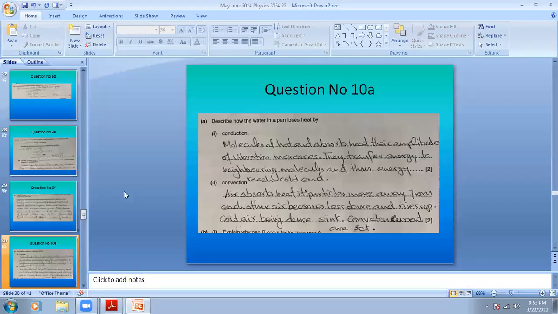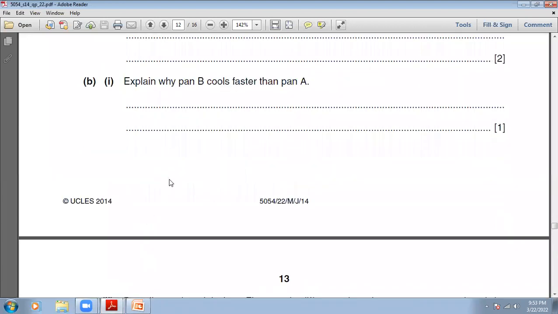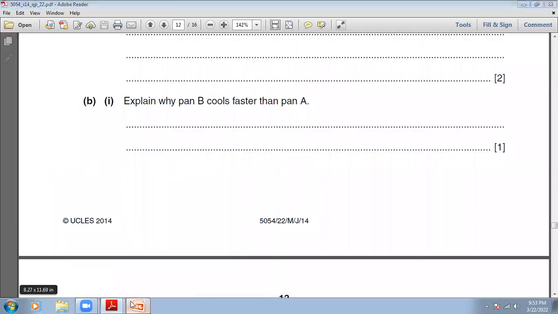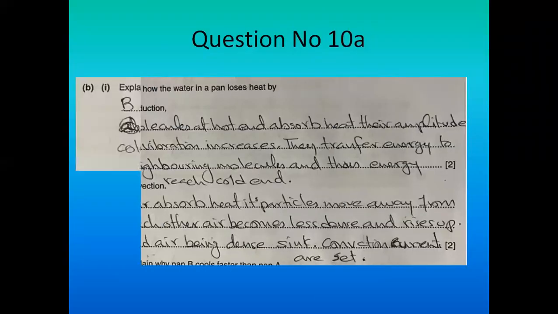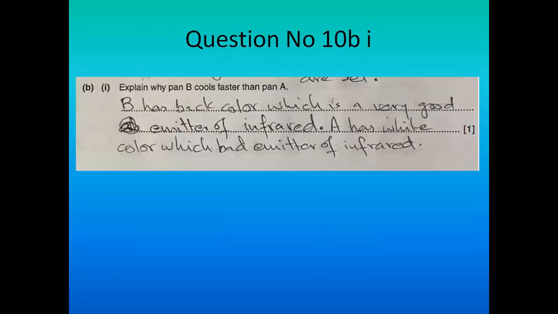So hopefully you understand. Okay, so he says explain why pan B cools faster than pan A. The basic reason is that there is a difference in their color. Pan B has black color, and pan A has a white color.